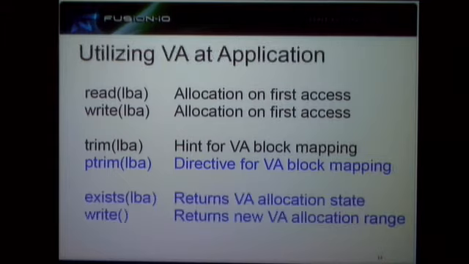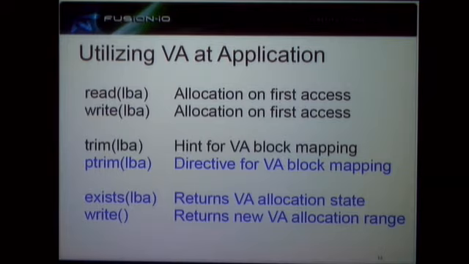So we propose two other interfaces. One specifically is exists, which takes an LBA and will simply tell you whether this has been mapped or not. So now you have the notion of, has this been unmapped or does this exist in the mapping already? The other thing that you might want to do is provide a nameless write.